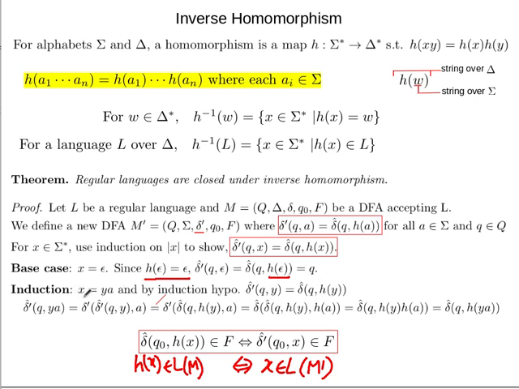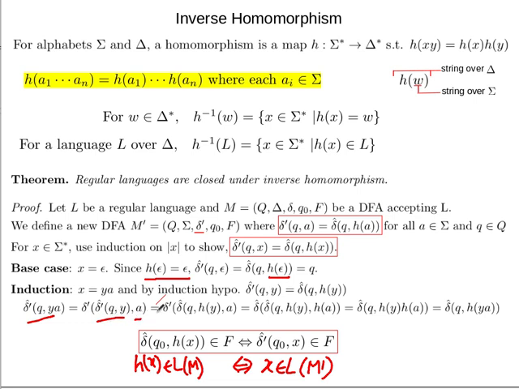And then for induction, you break it down into some smaller string and some symbol. And then by induction hypothesis, this holds for this smaller string y. So we have this for any q. Okay. And then what is this thing? So this you break down into first you process y and then you process this a.